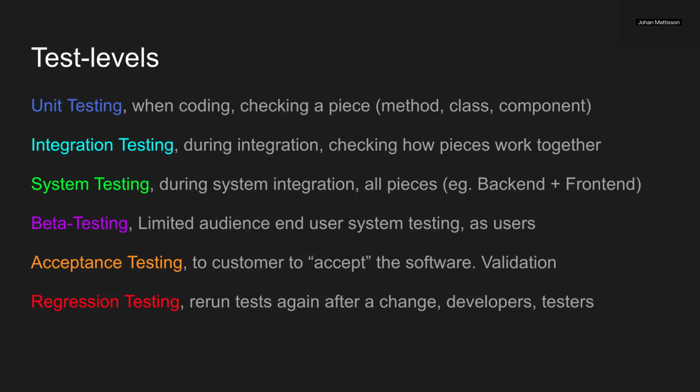What happens? So these are the kinds of things. But this is kind of finished. The system is pretty much finished here, or at least a version of it. And usually there are people not inside the organization that run the beta testing.